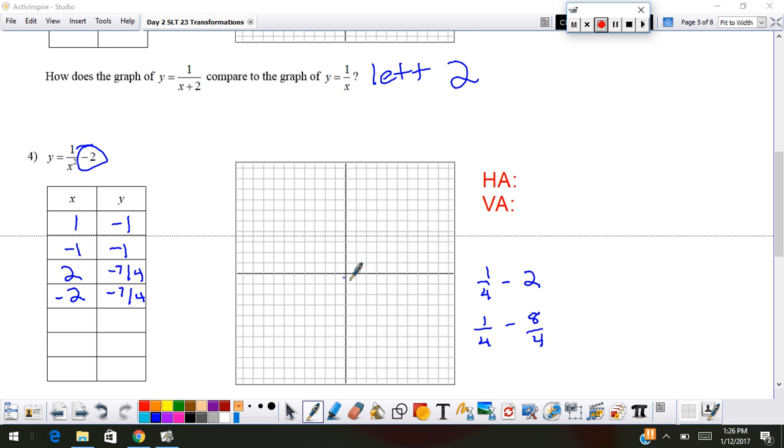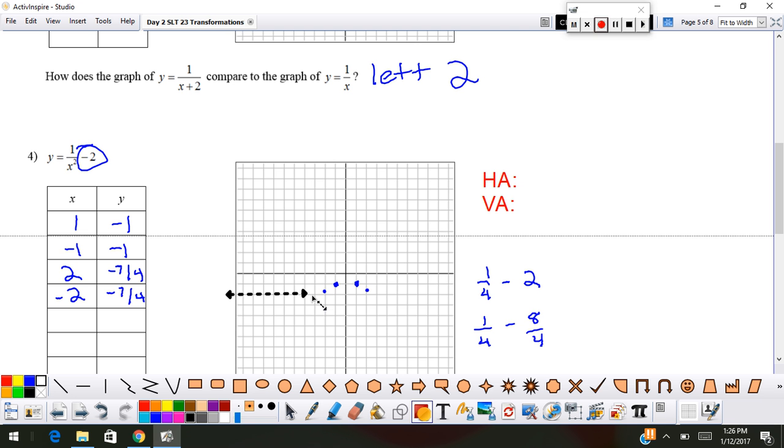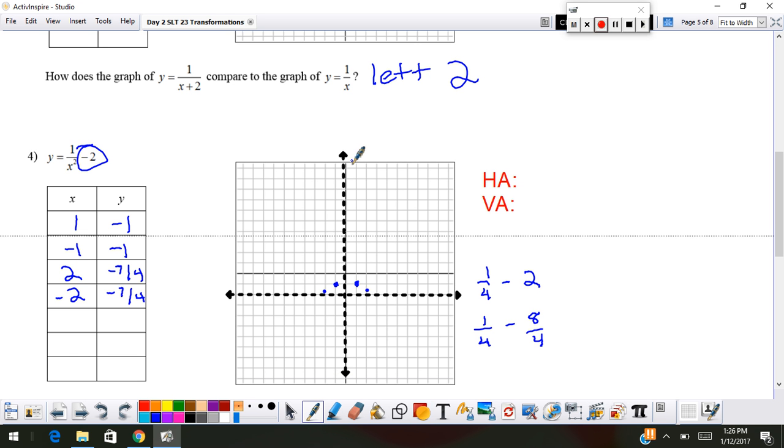So let's just get these graphed. And again, I know what the parent function looks like, so I'm going to put my asymptotes in at y equals -2 and x equals 0, and I'm going to use my knowledge of what the parent function looks like to sketch in some curves that aren't super duper ugly.